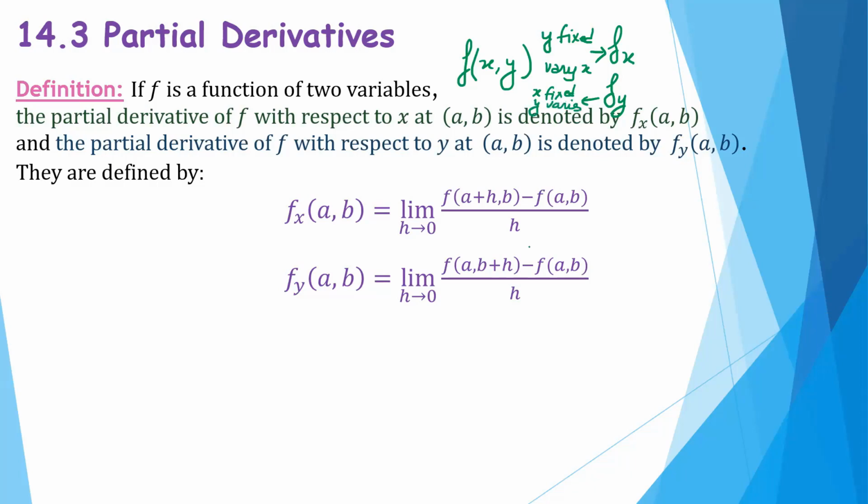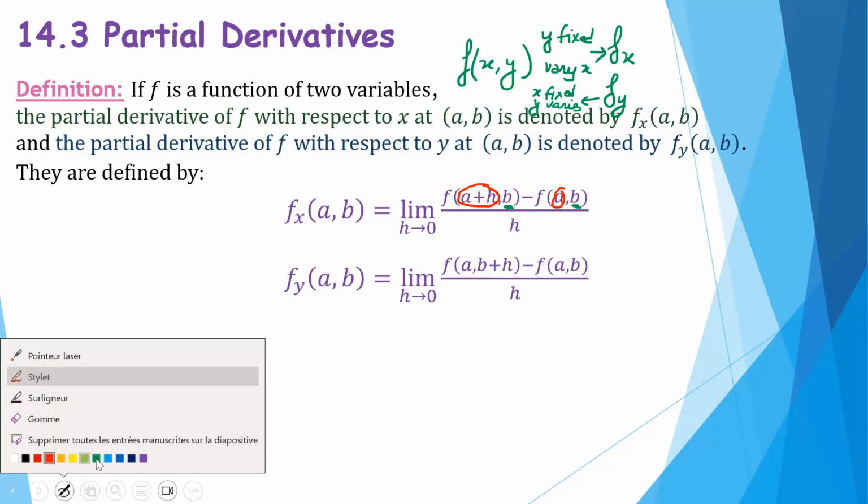So fx evaluated at a point (a, b) is the limit when h goes to 0. Y is fixed equal to b, and x is varied, so f of a plus h, b minus f of a, b. So y is fixed and a varies, and we calculate this limit.